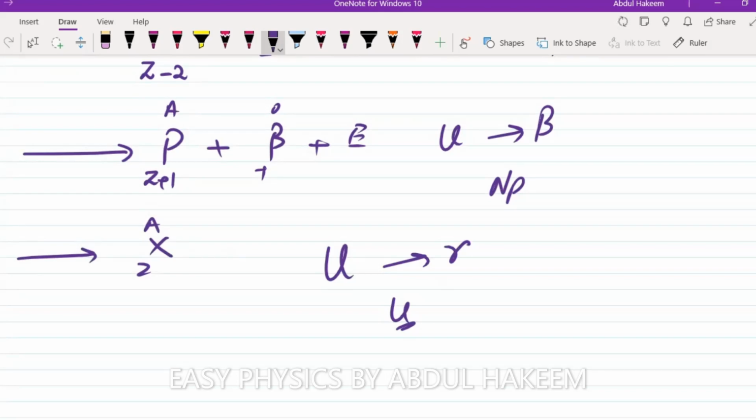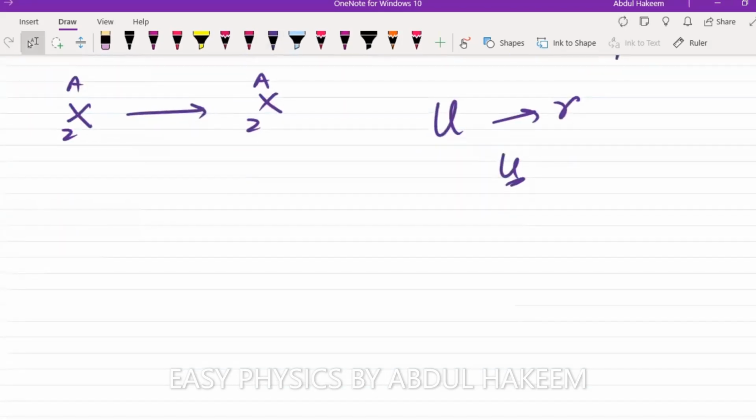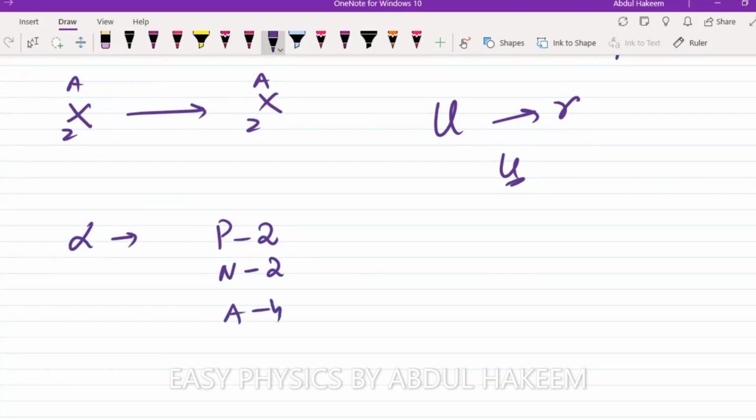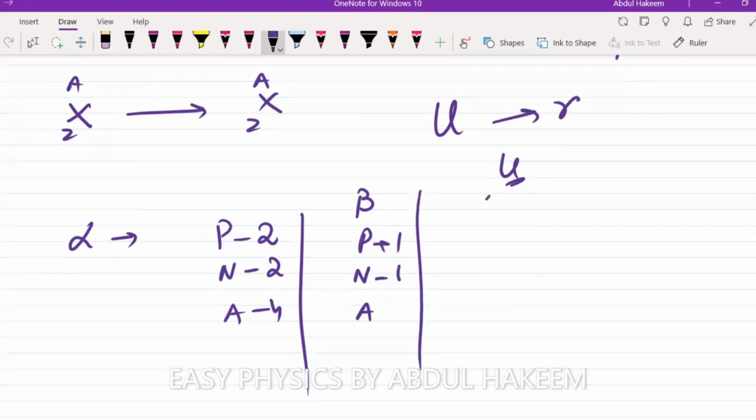So due to alpha emission, proton number decreases by 2, neutron number decreases by 2, mass number decreases by 4. And due to beta, proton number increases by 1, neutron number decreases by 1, and the mass number remains the same. And for gamma, no effect on proton, no effect on neutron.